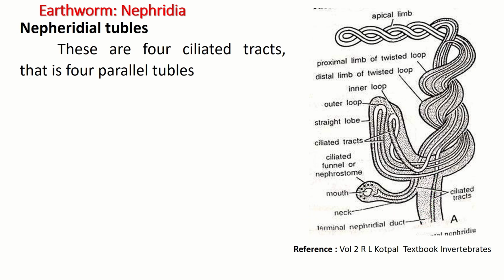Then there are some ciliated tracts, called nephridial tubules, which collect the material. They are parallel tubules, 4 in number.